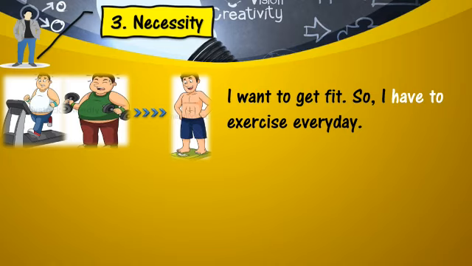You can see that the man in the picture is a bit fat. So it is necessary for him to exercise every day if he wants to get fit. So to express necessity here, we use the modal verb have to.